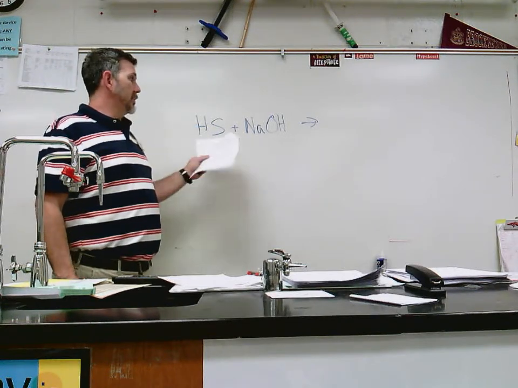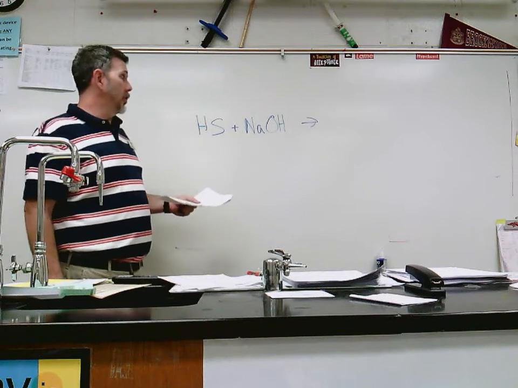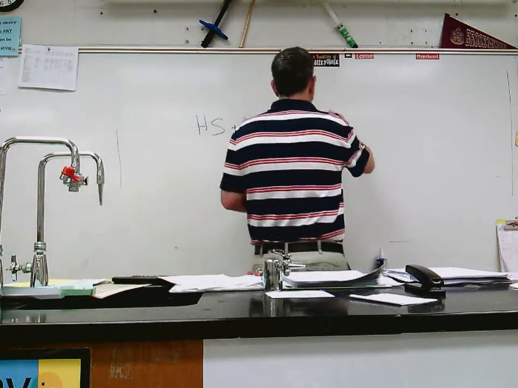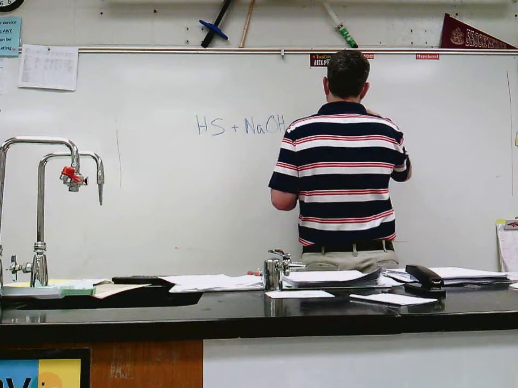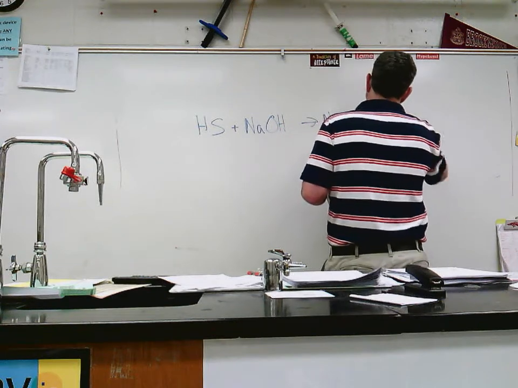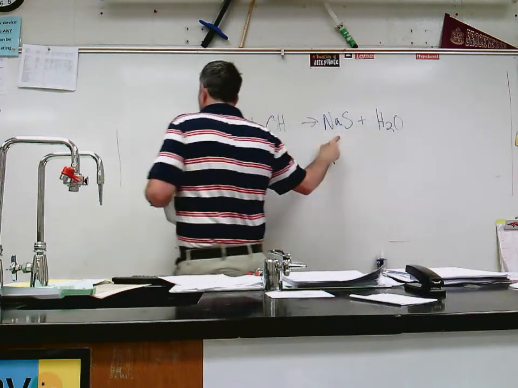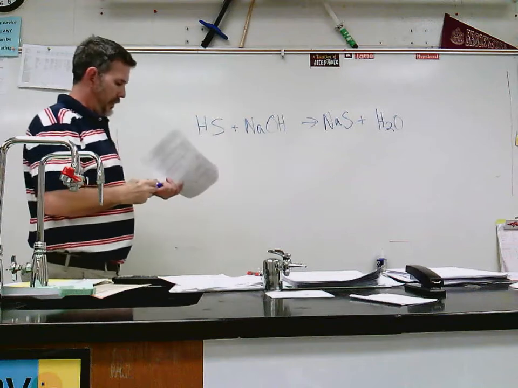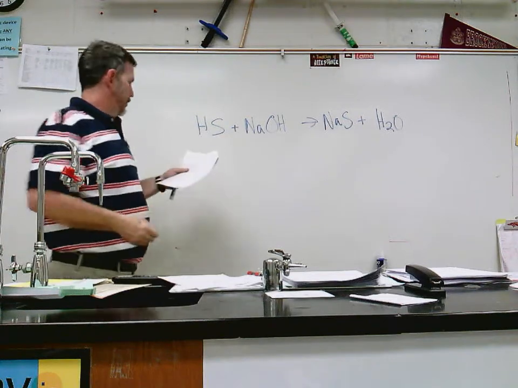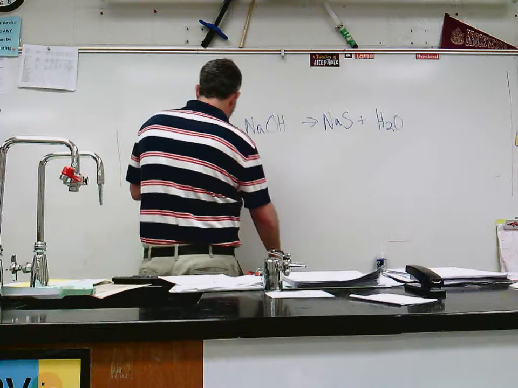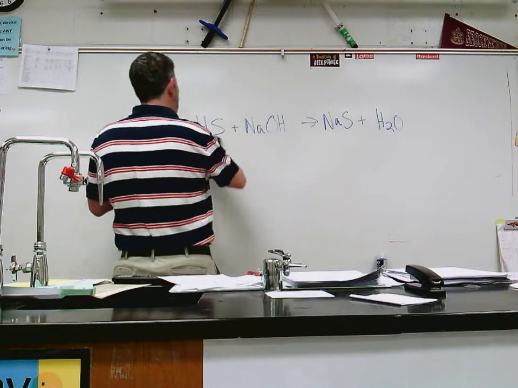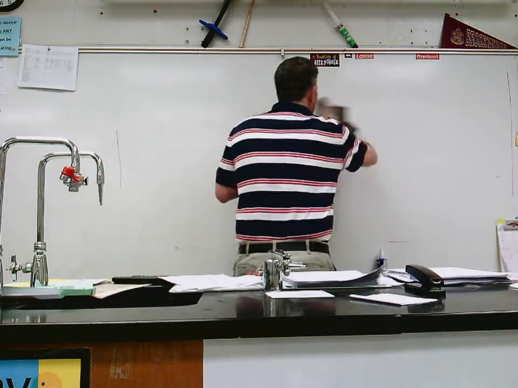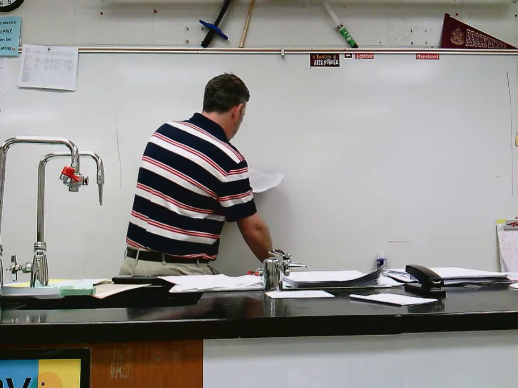And if I mix an acid and a base, I'm going to get a salt and water. I'm going to get NaS plus H2O. Sodium sulfide and water. But you could have just said a salt and a water. That would have been okay too, I guess.